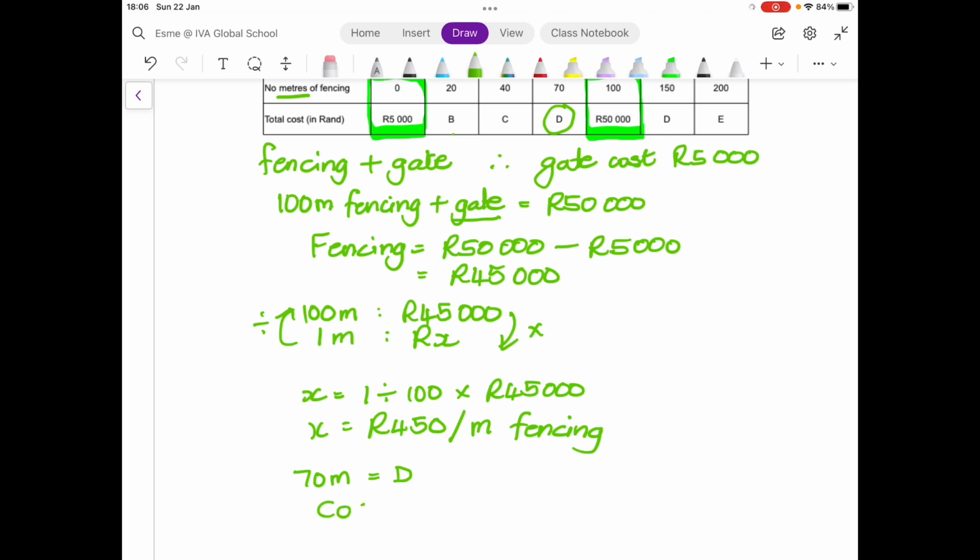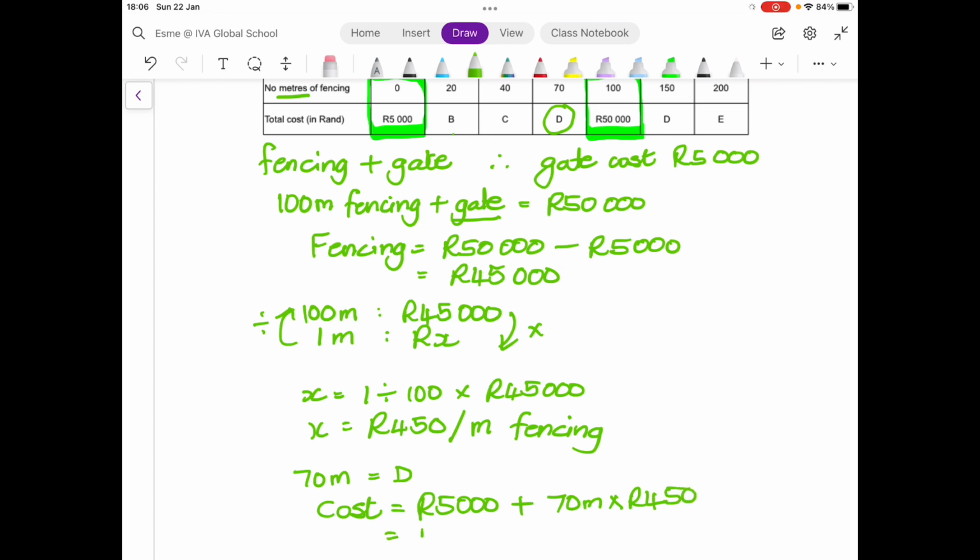The cost will equal the gate plus 70 meters times 450 Rand per meter.